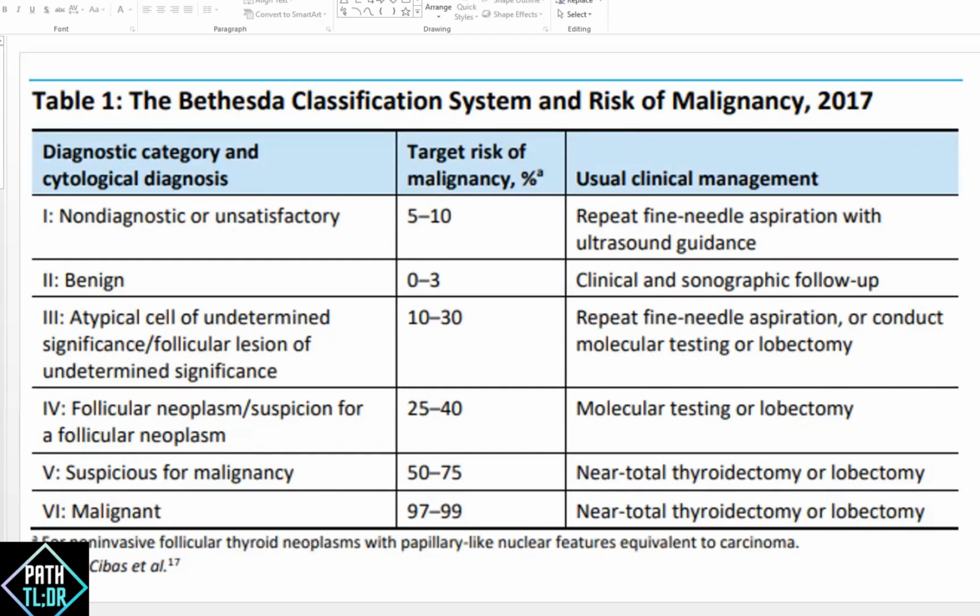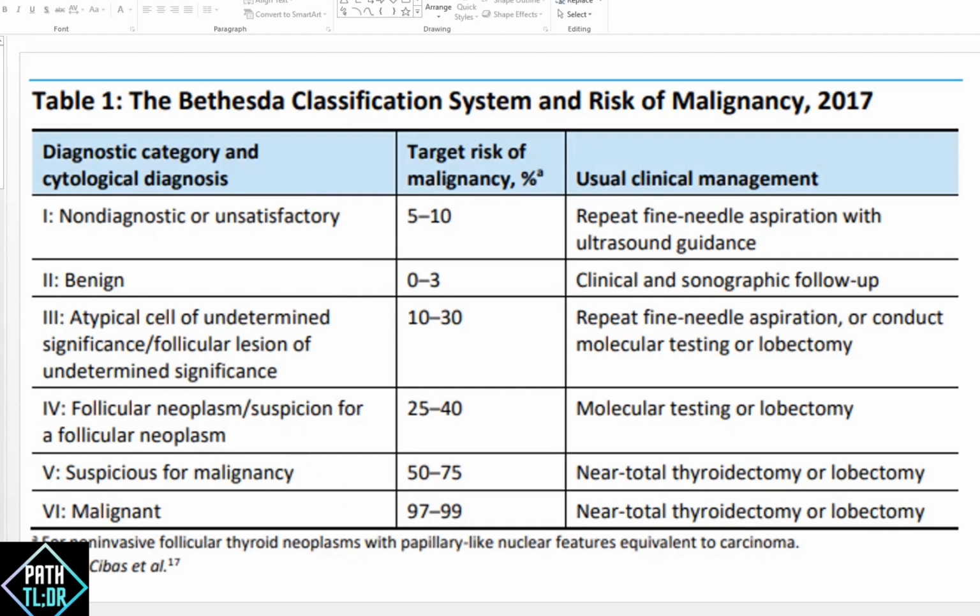So it's important to know those ideas because it gives you some guidance in terms of how well you're going to sample this lesion that you might see, as well as there's been a recent change in the clinical management for these things, with molecular testing having a more prominent role now in terms of how you manage these diagnostic or cytological diagnostic criteria.